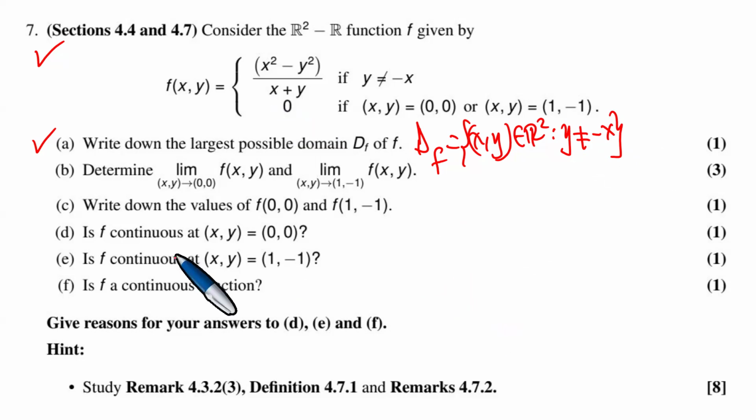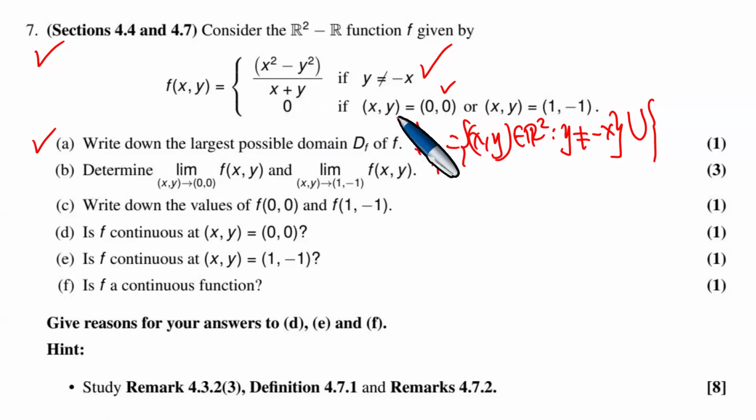We're discussing continuous functions in this context. Because this is a piecewise function, we have taken care of that part. But there's also a union, because 0 and 0 here would mean that if x and y are both 0, then you have 0 plus 0, which is 0, and division by 0 is undefined.